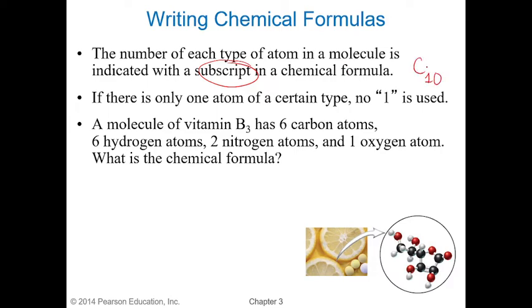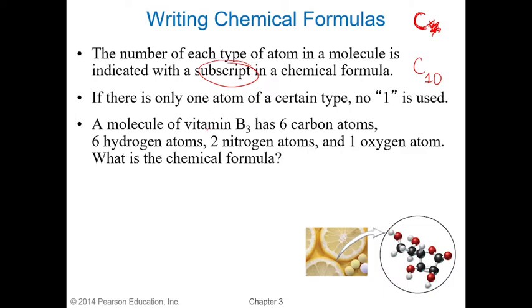So ibig sabihin yan ay there's 10 carbon atoms in your structure. So if there's only one atom of a certain type of atom, the number 1 is not used. So you don't write C1. So hindi na nilalagay yung 1. You just write it C. It's understood that if there's no number there, then you have 1 carbon.